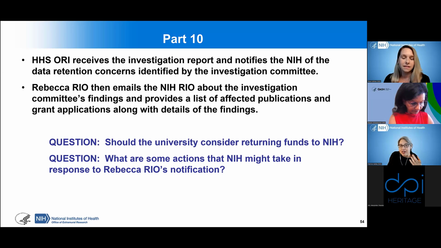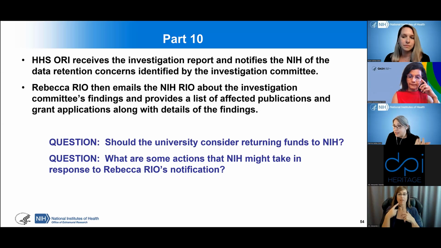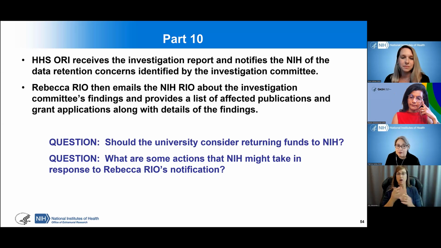And now that we know that this person, Dr. Smith, has data retention issues in his lab, in any grants going forward, maybe for at least a year or two, we may incorporate specific award conditions, which state that he has to provide us with the raw data, or have an oversight committee review the raw data at the institution. So there's a couple of things we could think about doing here.